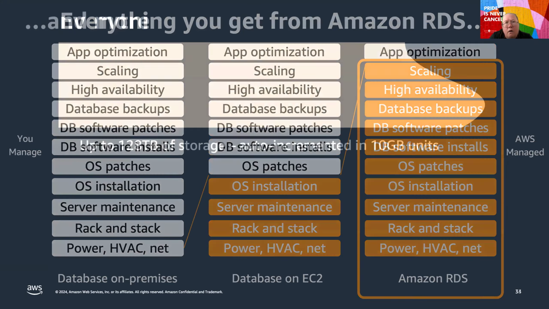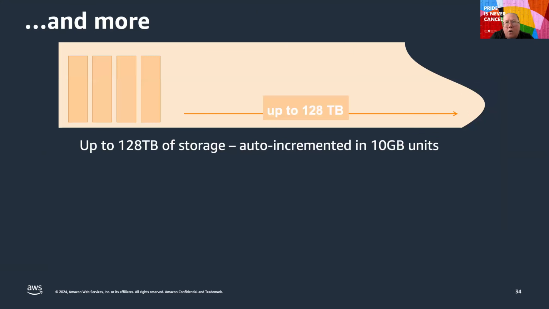What is cool and specific about Aurora, and might pop up in the exam, is that the storage is auto-managed across 3 availability zones. It auto-scales using 10 gig increments, so you don't have to pre-provision anything.